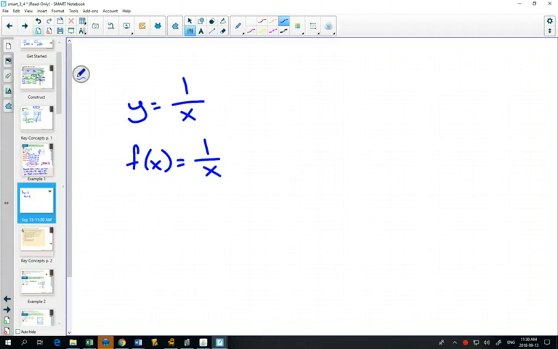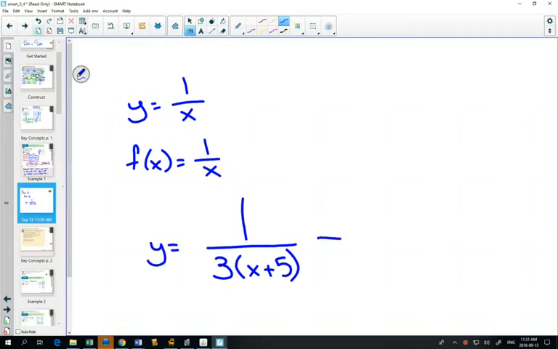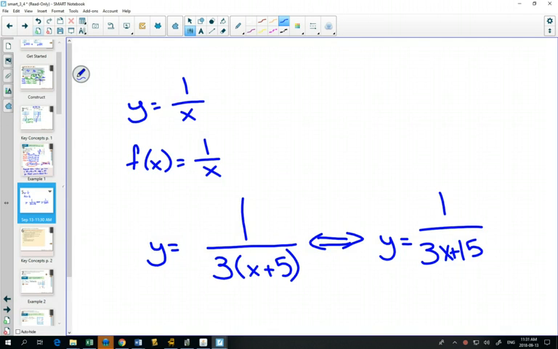If I took the graph of this, it is equivalent to that, right? I can distribute the bottom, it's equivalent to that.